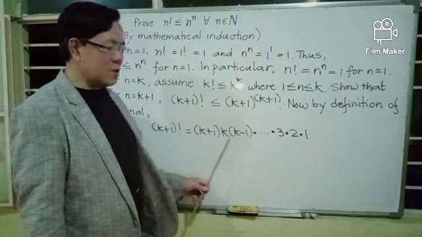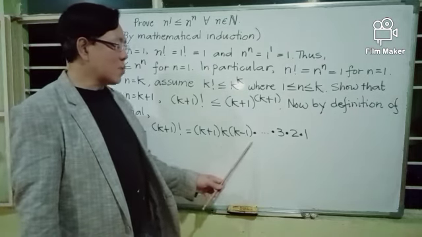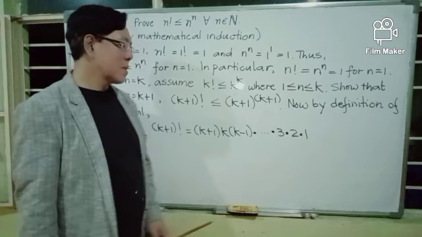The positive integers are decreasing by 1, down to 3 times 2 times 1.